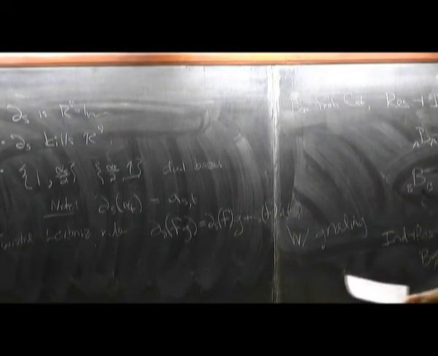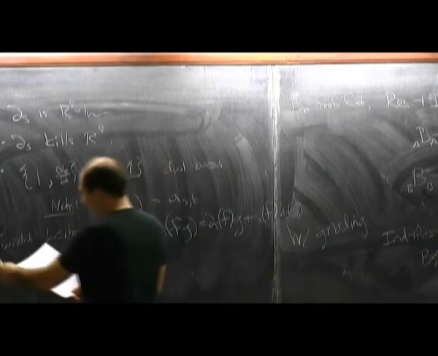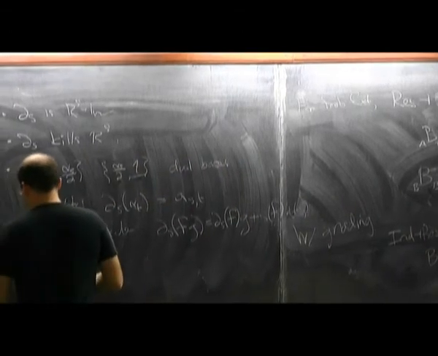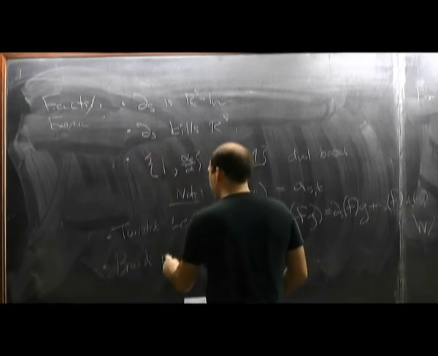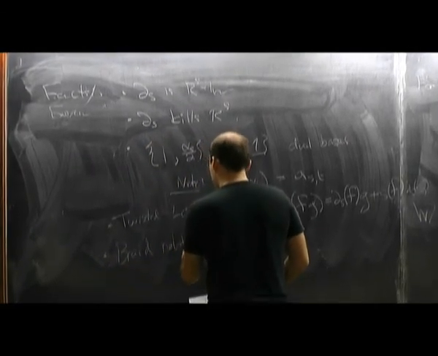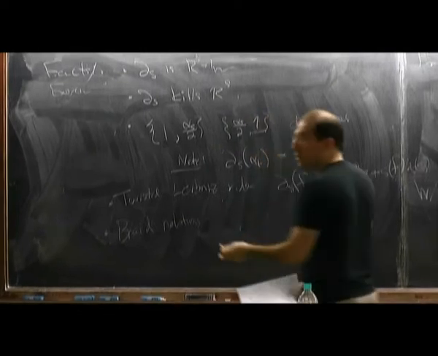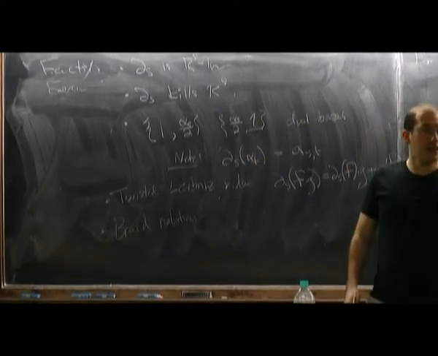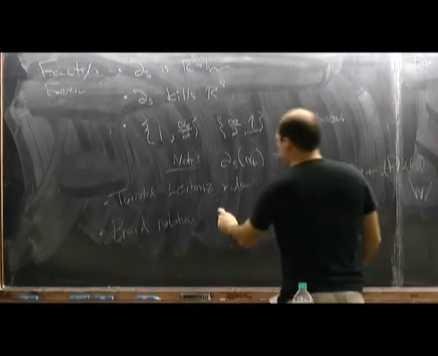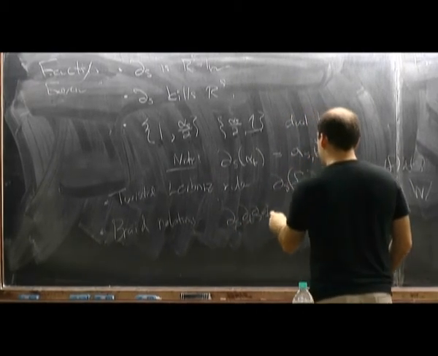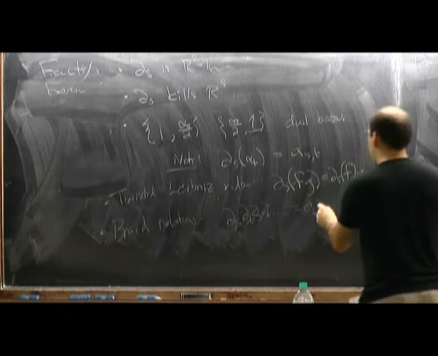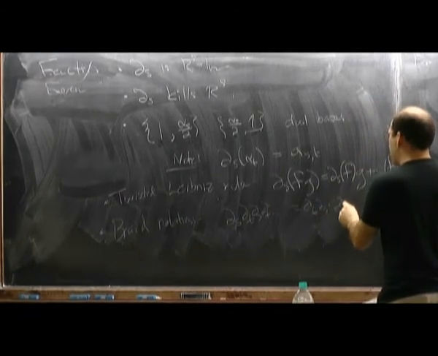Okay, here's the twisted Leibniz rule. And then finally, you have the braid relations. So if you choose two different ds and dt, okay, then actually ds, dt, ds, dt, etc., is equal to dt, ds, dt, ds as operators.